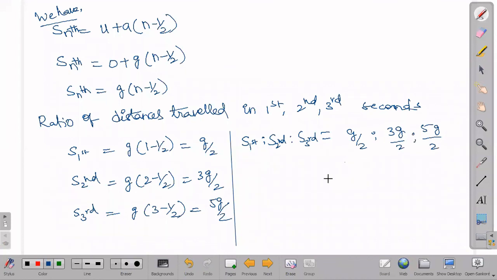Now if we continue, what will we get? g by 2 will be cancelled out in all the terms. What will be left? 1 is to 3 is to 5, right? If we continue further, S first is to S second is to S third is to, up to S nth second.